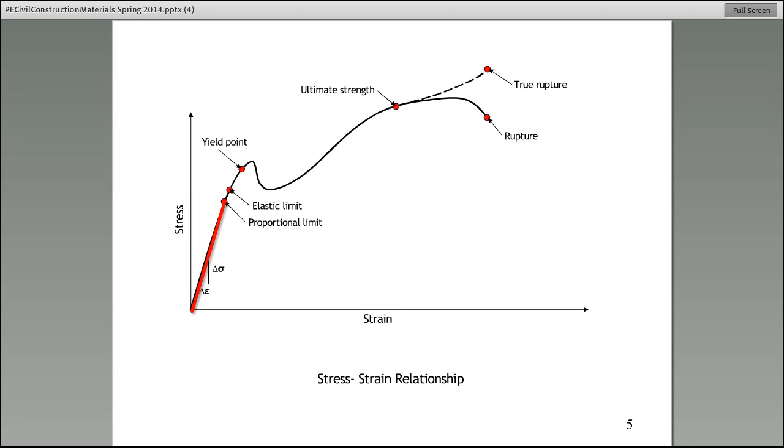Hooke's law is sigma is equal to E times epsilon. So keep that in mind. But this is Hooke's law in 2 dimensions.